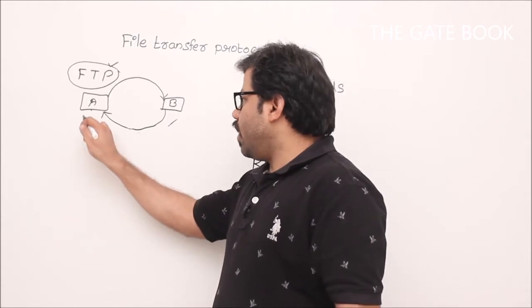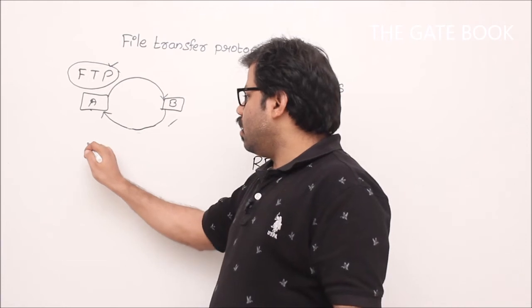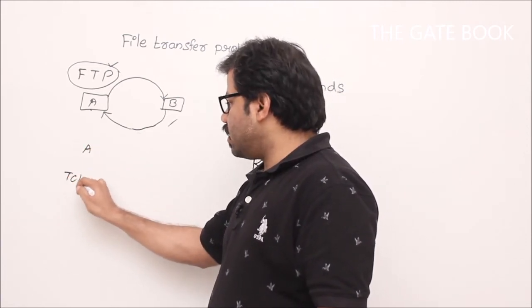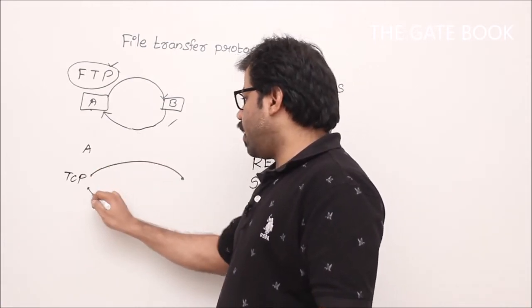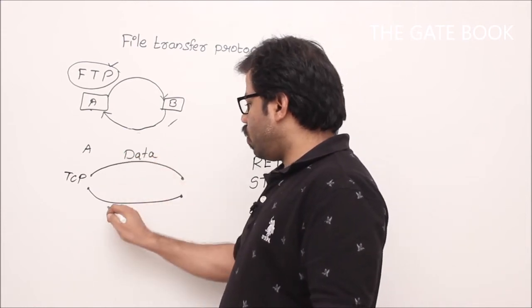So whenever A wants to access a file from B, A is going to ask TCP, my dear TCP, please on behalf of me create two connections. One is for data, the second one for control.